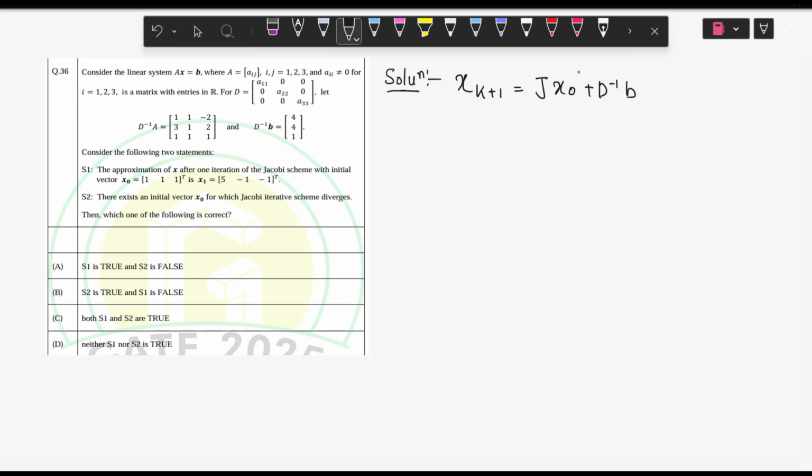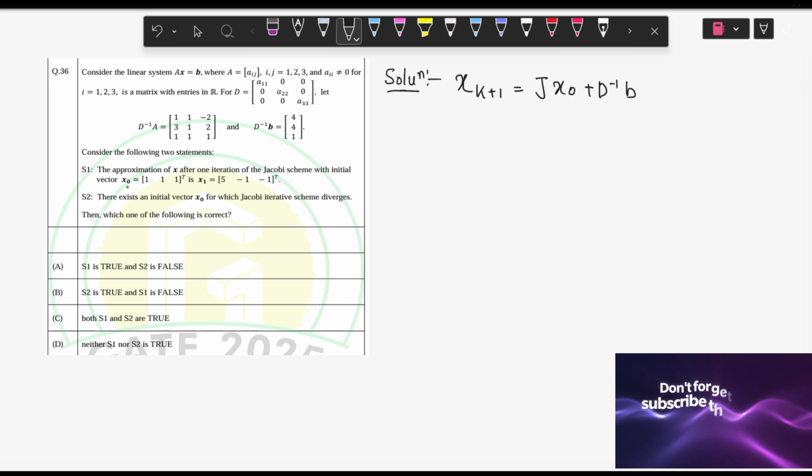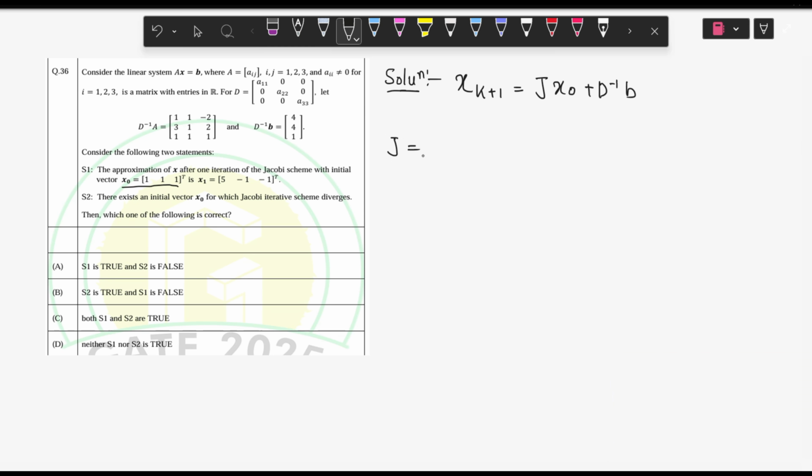Right? So here, if x0 is given, we need to check whether x1 is this vector or not, where J = I minus D inverse A.